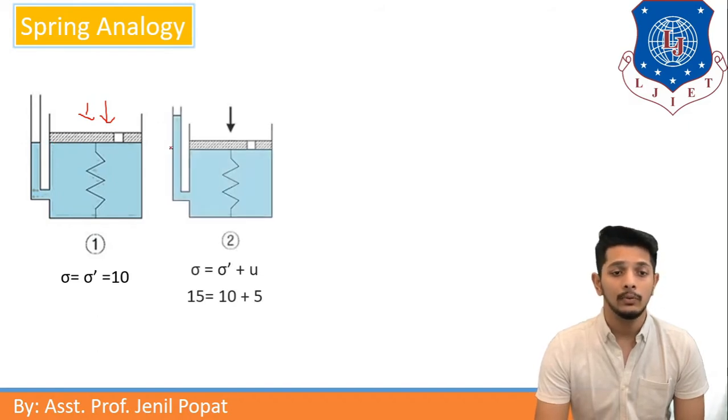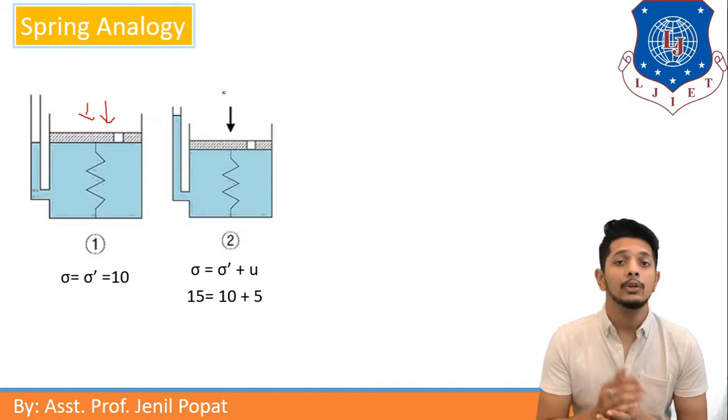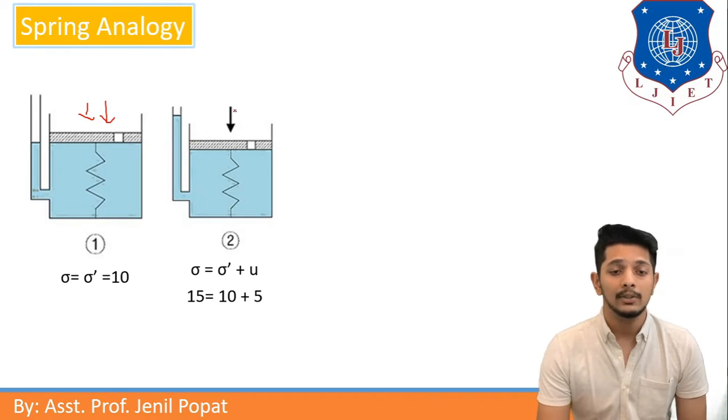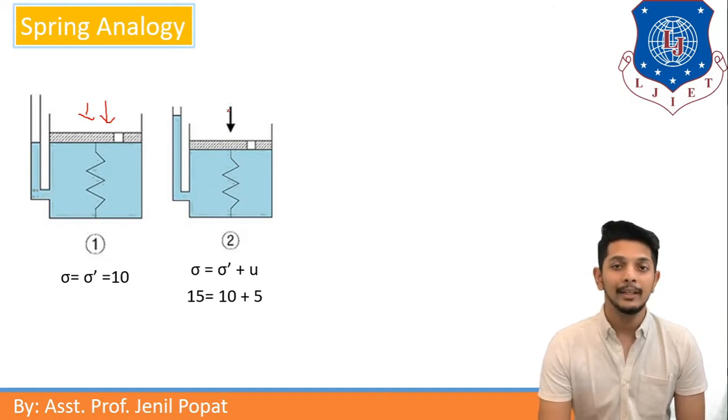Let us move forward. If we increase the pressure on the piston, like if we applied 10 units before, we will increase 5 units more, so the total external pressure is 15 units. Now the valve is closed so the external 5 units will be taken by water.